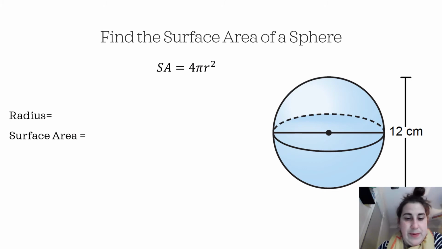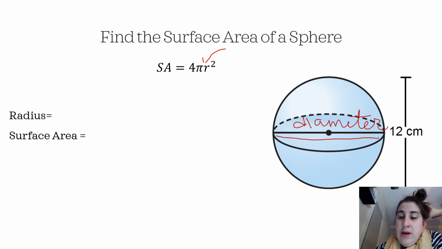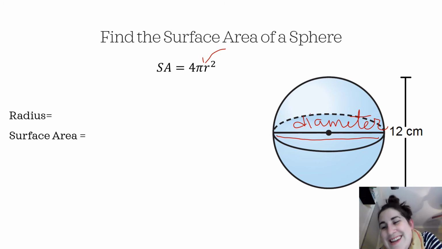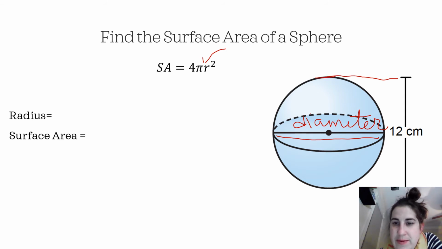All right, next example. What's my radius in this case? If I look at this example, I notice that the line goes all the way across. That means that this is my diameter. What's my diameter? It doesn't have a value there, but I know that the picture of me is blocking this. But this line, if you notice here, goes from the tippy top of the sphere to the very bottom of the sphere.